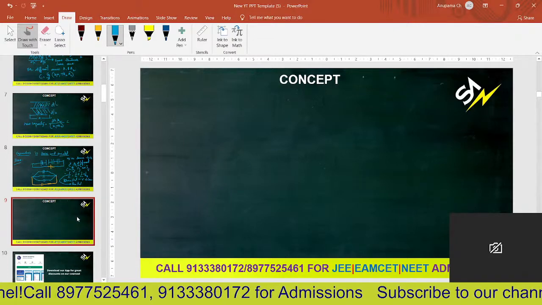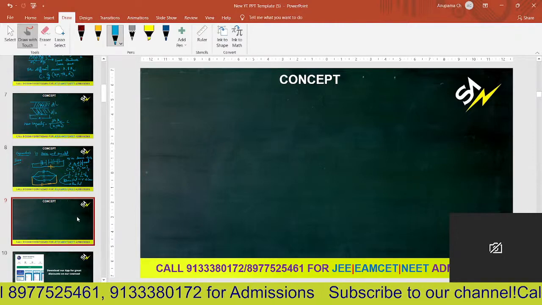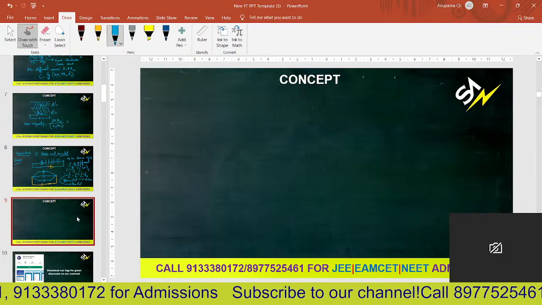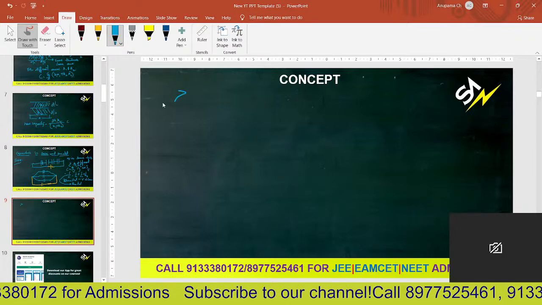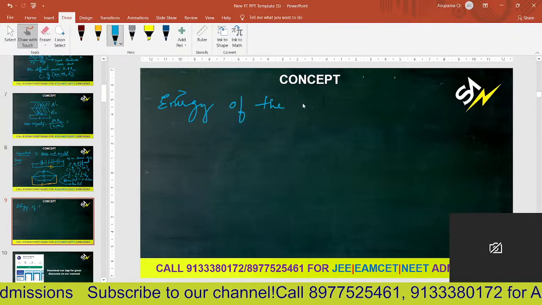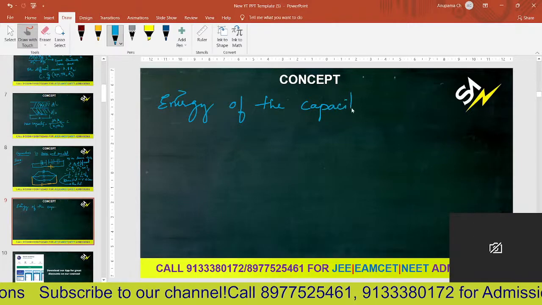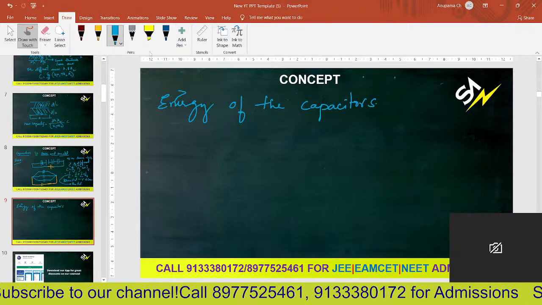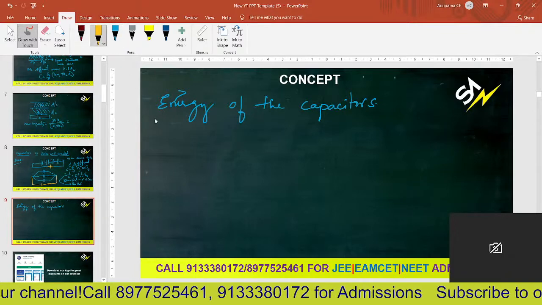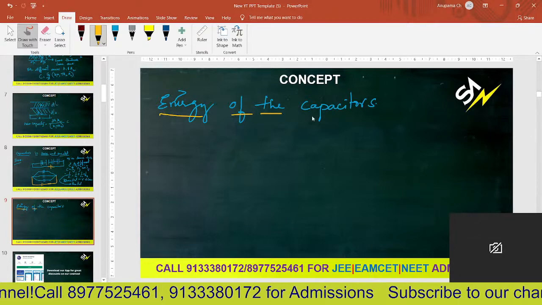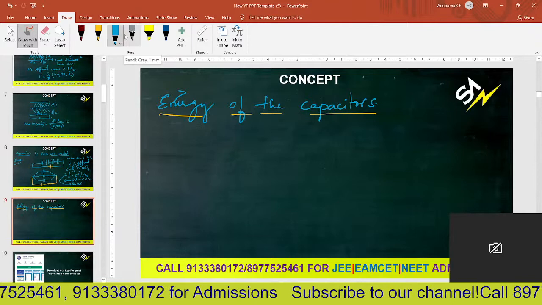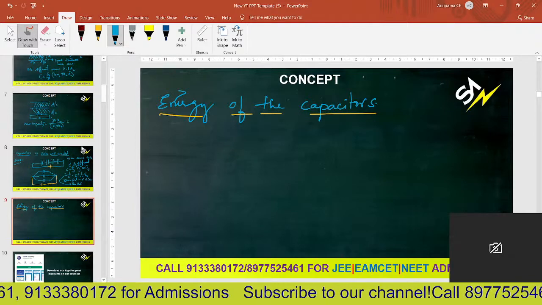So now we will see the possible formulas for finding the energy of the capacitors. I will underline this. So, what will be the energy stored in the capacitor here?